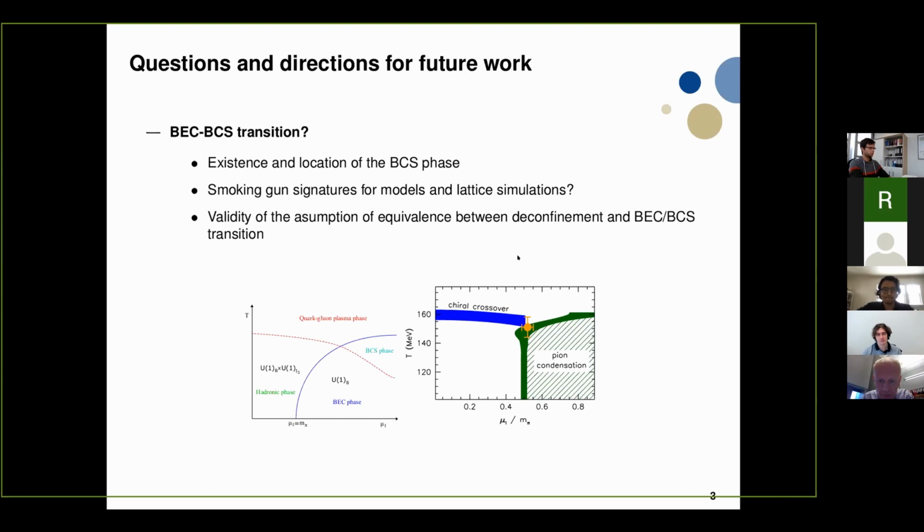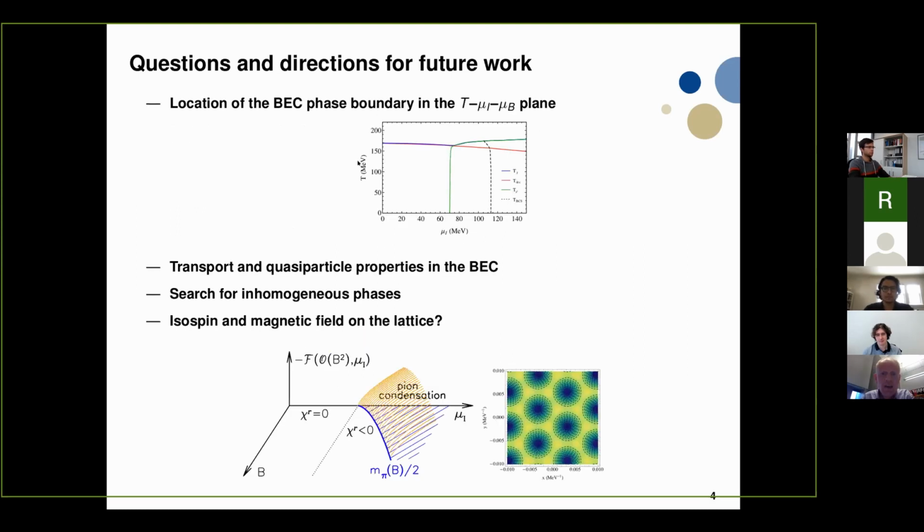Now the phase diagram to the right is based on lattice results, and you can see a model calculation here where the green line is again the transition to Bose condensate, and that is reproducing extremely well the behavior of what you see on the lattice.